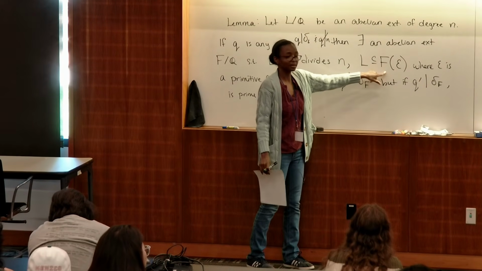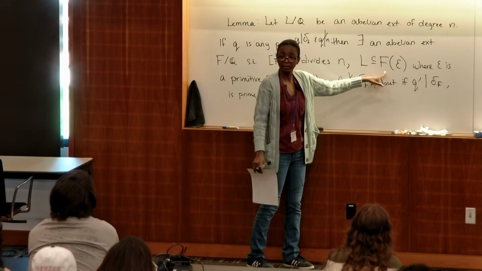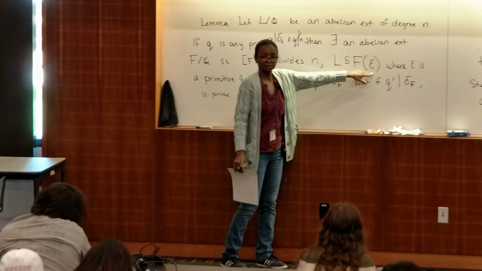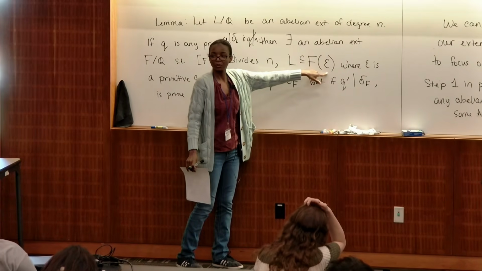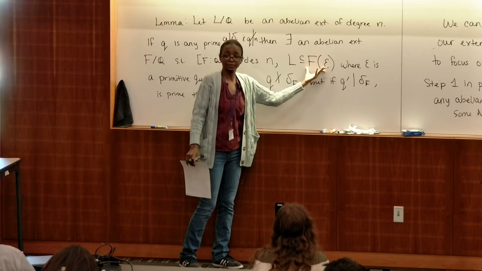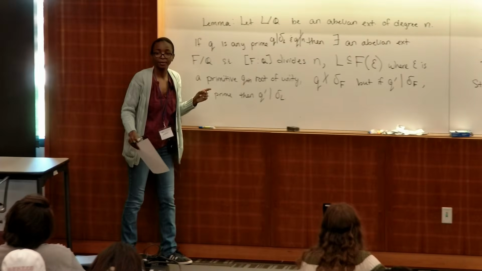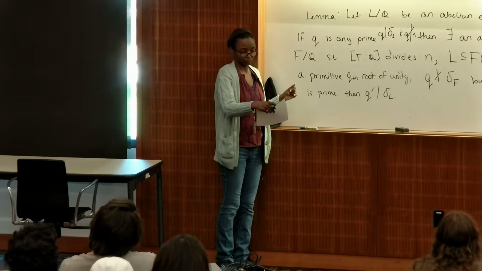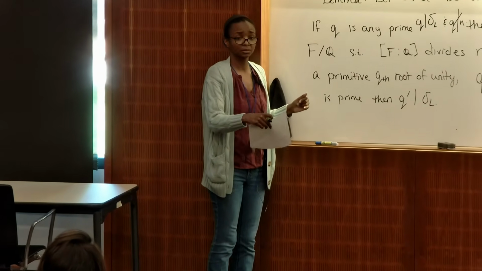Okay, so this is not a cyclotomic extension necessarily, but this epsilon, it is a root of unity. And so this is looking at least a little bit more cyclotomic than it did before. Okay? All good? Okay.